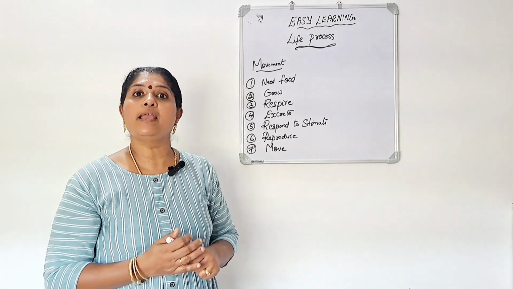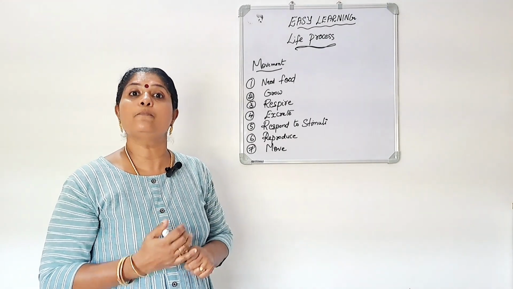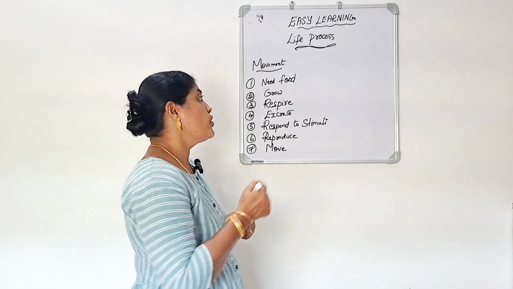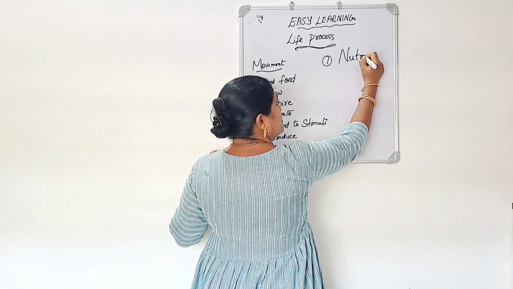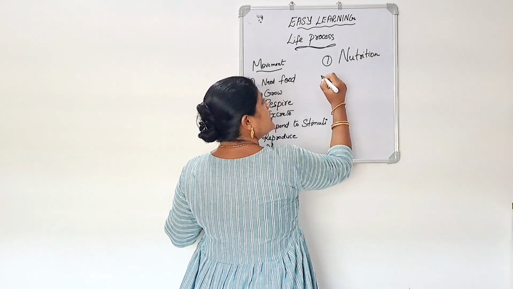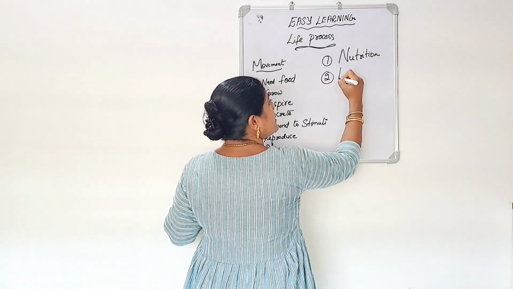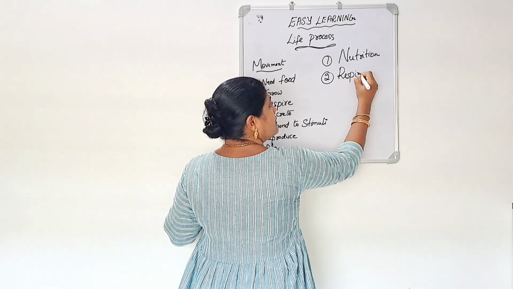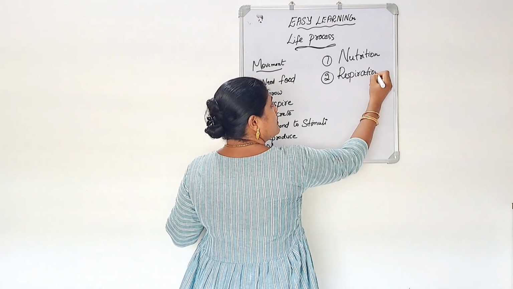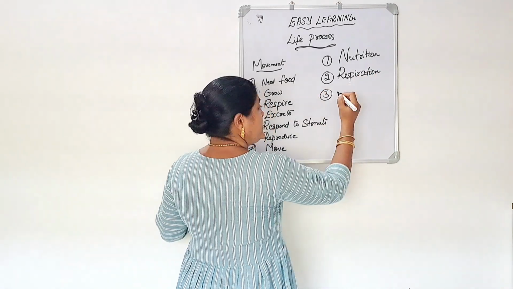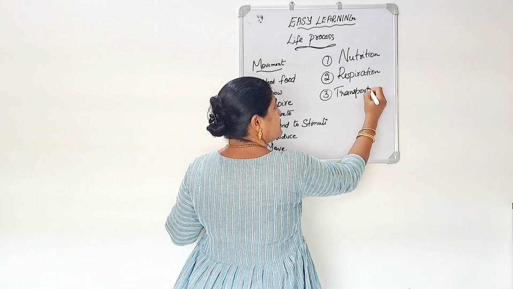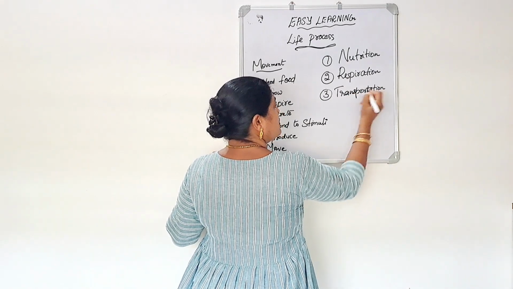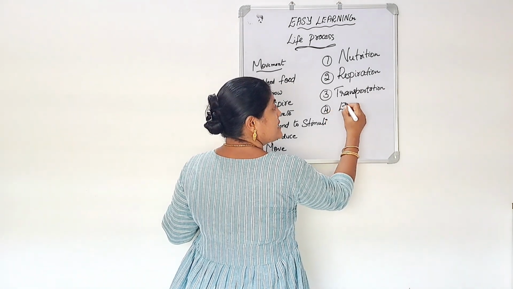So what are the main basic functions needed for the organism to be alive on the earth? First one, it is nutrition. Second one, it is respiration. Third one, it is transportation. Fourth one, it is excretion.